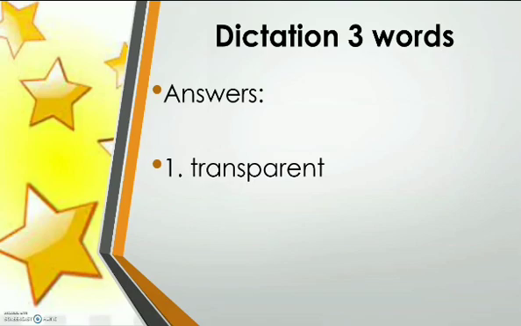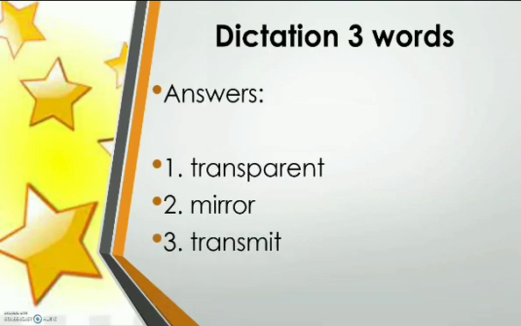Transparent. Number 2. Mirror. M-I-R-R-O-R. Mirror. And number 3. Transmit. T-R-A-N-S-M-I-T. Transmit. Very good.